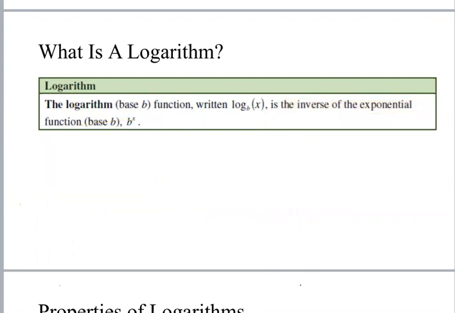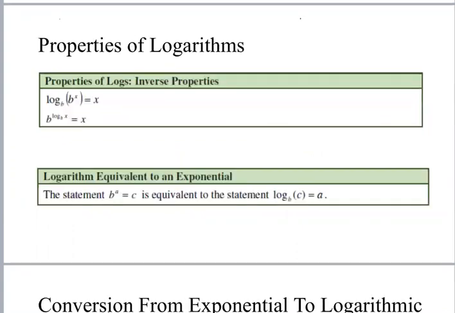All right, if I keep going, we have a couple of these properties. Remember, these are inverses. So if we think back to composition of functions, if you compose an inverse with its function, you should get back out what you started with, which is x. So if I take log base 2 and then take 2 to the third, they essentially cancel and give me back out the 3. They're inverse properties.